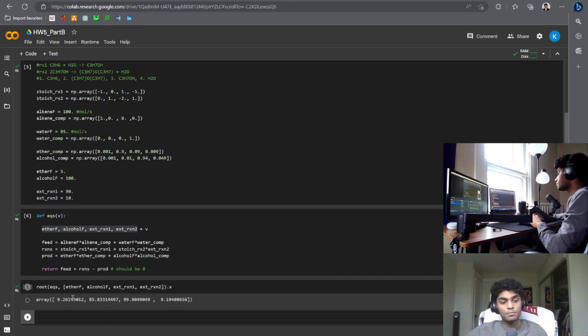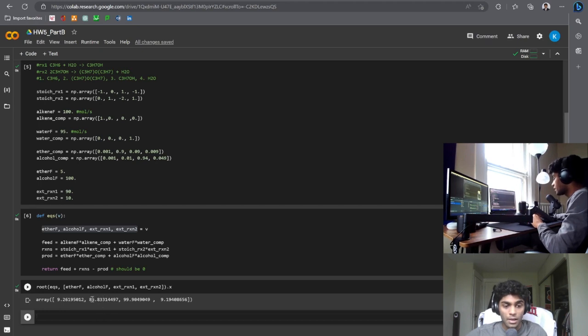And there we go. So according to what our root function is displaying here, our flow of the ether isn't 5. It's actually a little bit above 9 moles per second. And same thing with our alcohol flow rate. It's not 100.